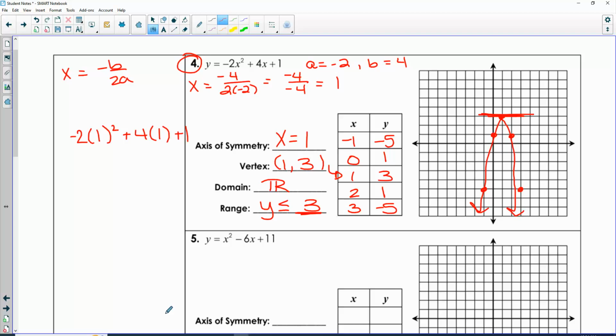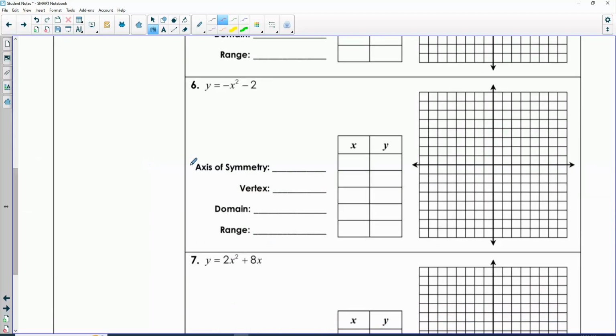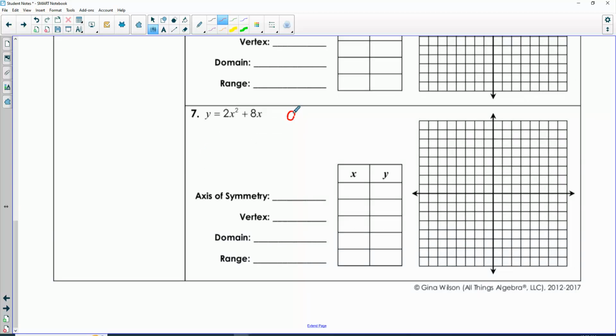All right, one more for the day. Problem 6. Actually, no, let's do 7. What is my A value? 2. What is my B? 8. Okay.